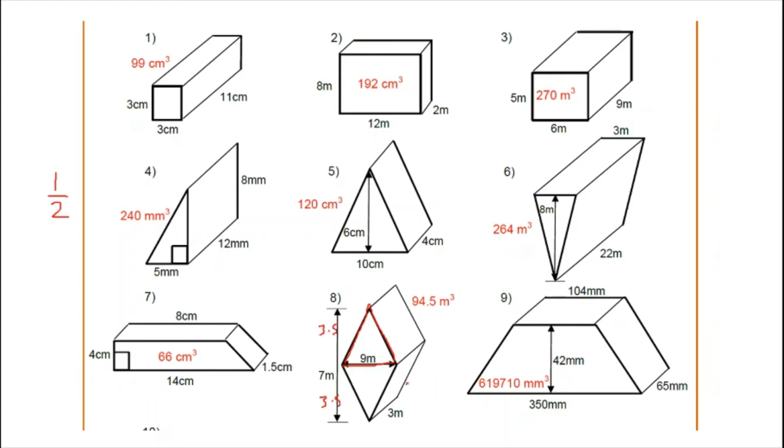And then you will get the volume of 94.5 meters cubed. The final one does have a massive answer, but it is correct. Okay, the trick here was to realize that that was 104 as well, then you've got a trapezium with a depth of 65.